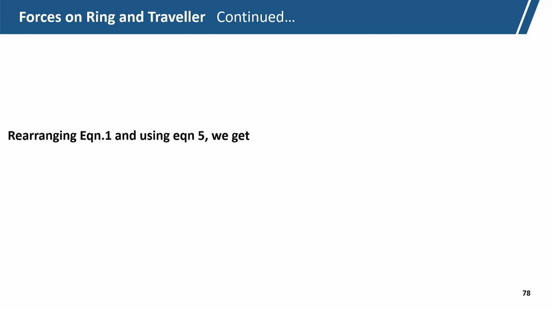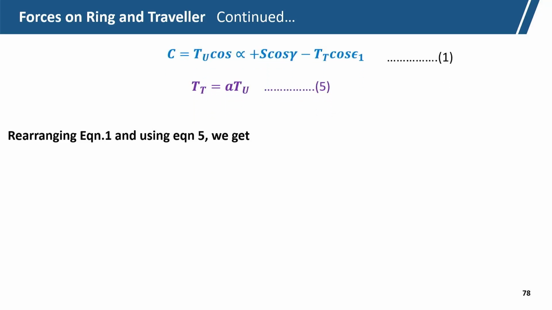Rearranging equation 1 and using equation 5, we get: equation 1 is this, and from equation 5 we got T t equal to A T u. After rearranging, what do we get?